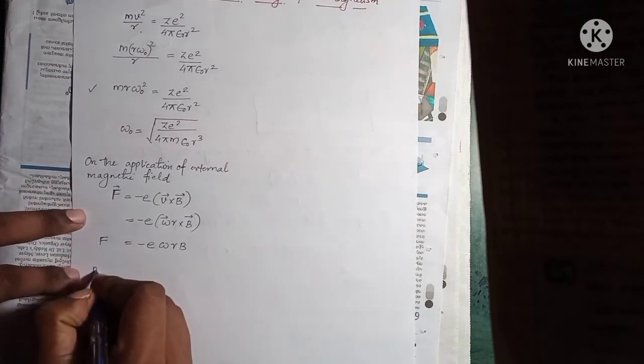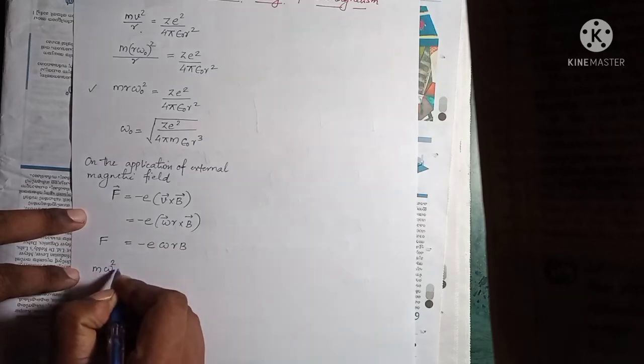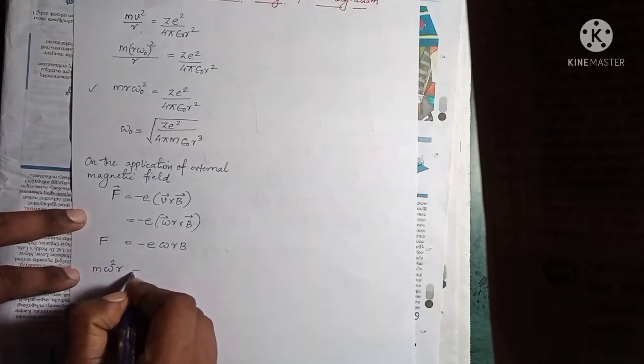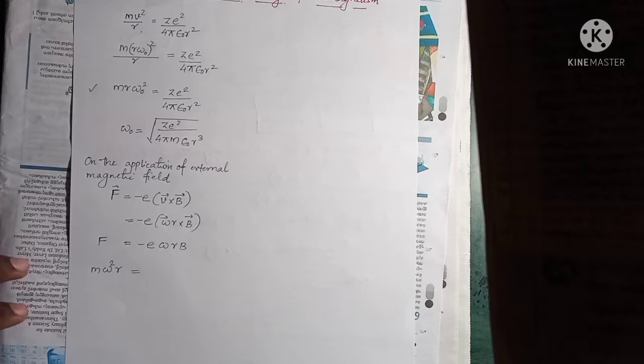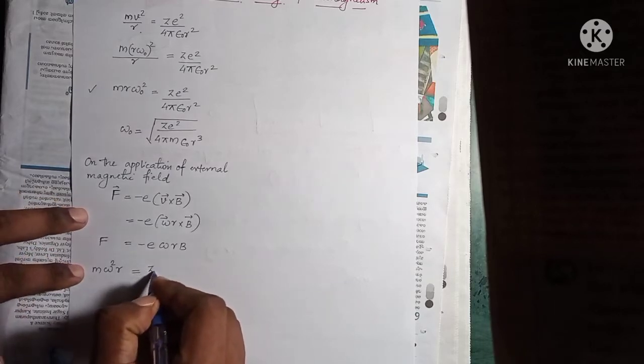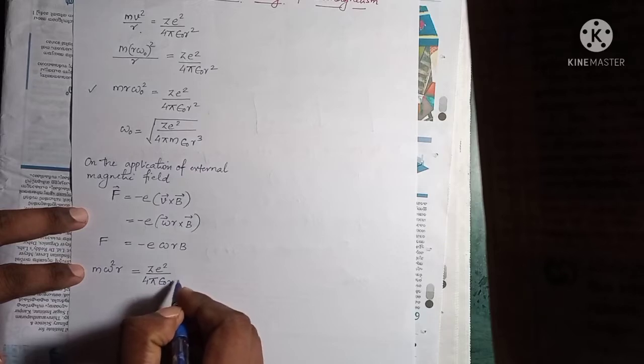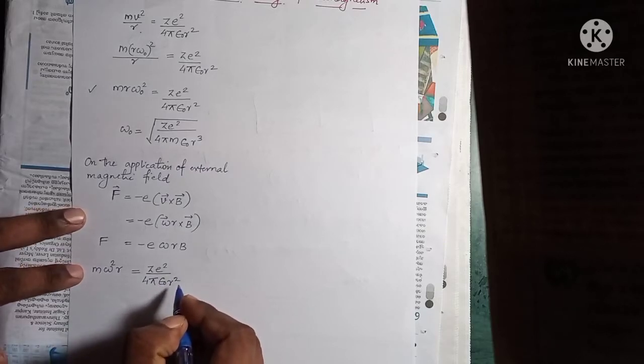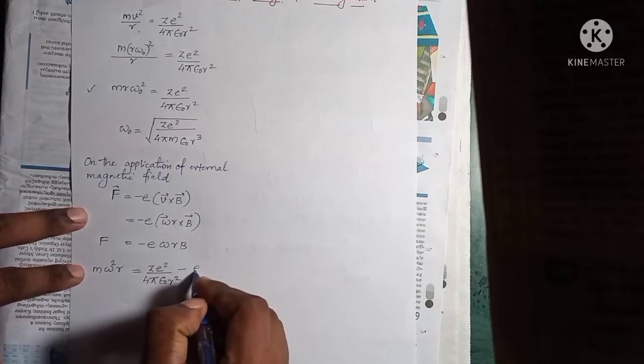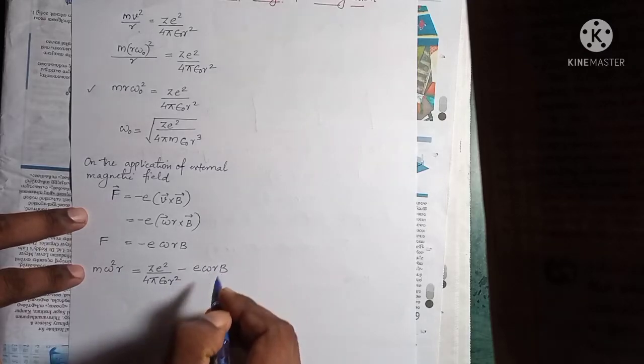So the new equation will be of the form m omega square r equals ze square upon 4 pi epsilon naught r square minus e omega rB.